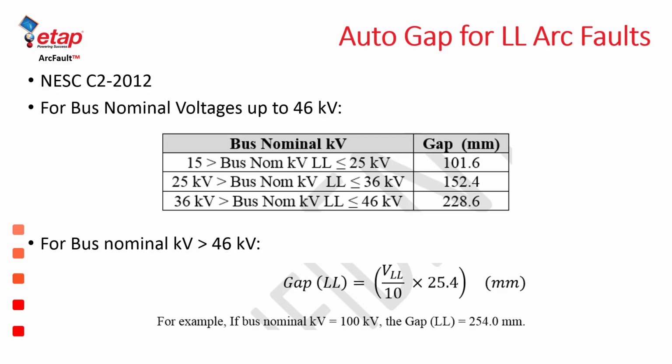At the same time, you may also choose to do a less likely but still possible line-to-line simulation, and therefore you may need typical line-to-line gaps. So just like I mentioned before for line-to-ground, the program provides typical values for line-to-line situations.